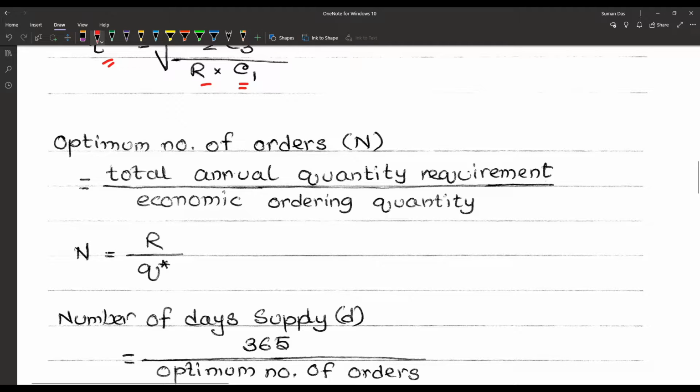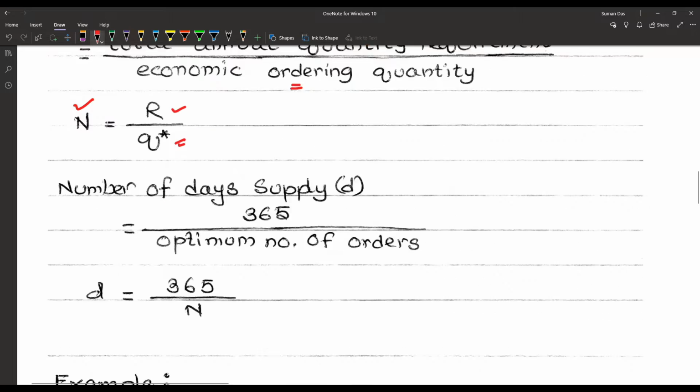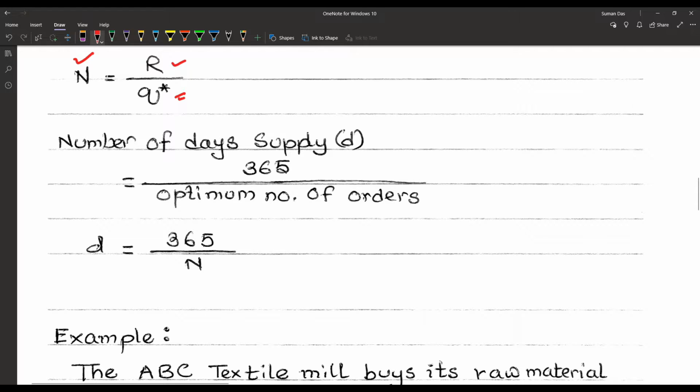The optimum number of orders, capital N, is equal to the total annual quantity requirement upon the economic ordering quantity, that means N is equal to R upon Q star. And the number of days supply, denoted by small d, is equal to 365 upon optimum number of orders, that is d is equal to 365 upon N.